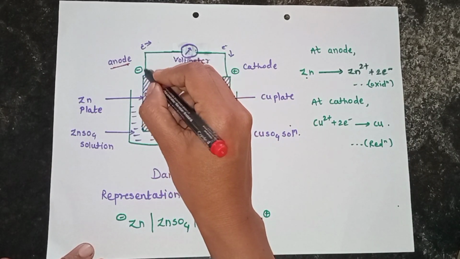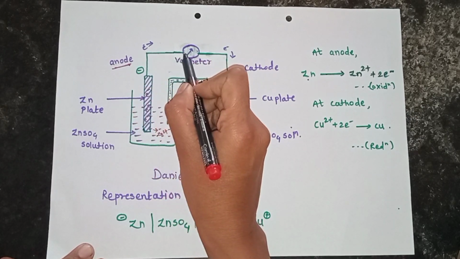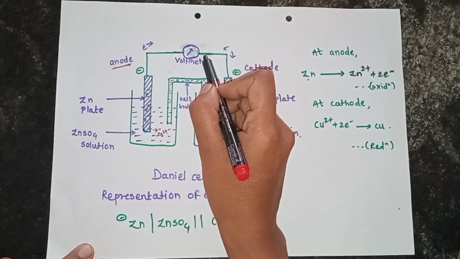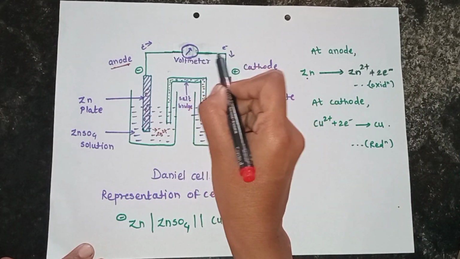These electrons move through the wire and reach the cathode.